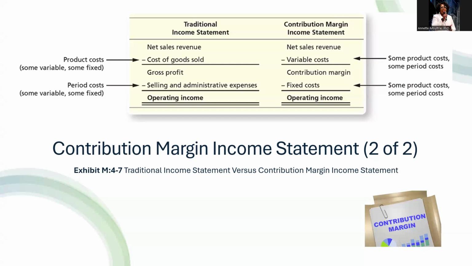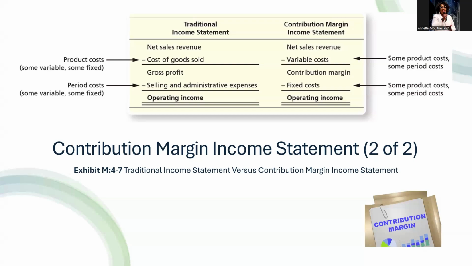So the traditional income statement format is required by GAAP, and it has been the standard approach in your accounting studies. In contrast, the contribution margin income statement categorizes costs by behavior, either variable or fixed, and it also highlights the contribution margin, which helps in internal decision making.